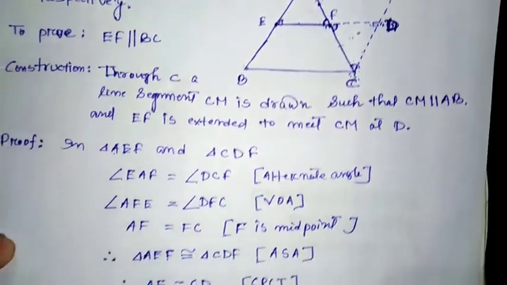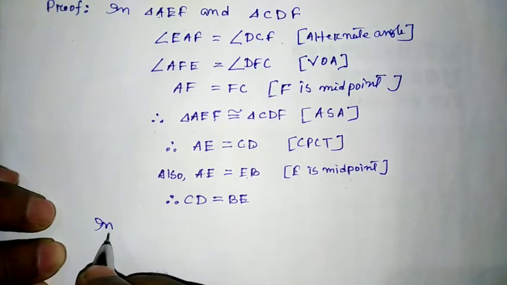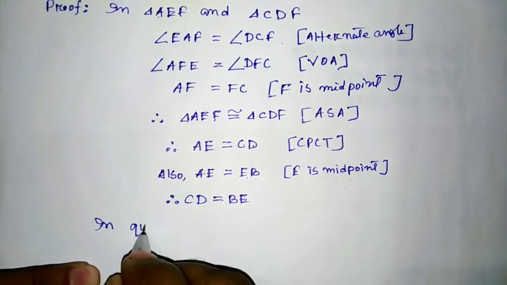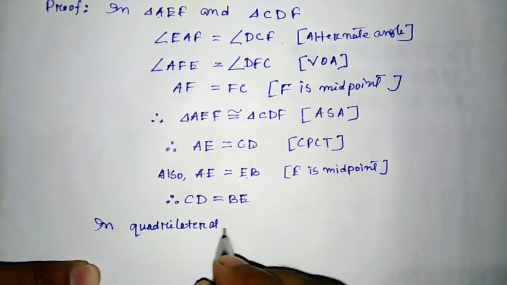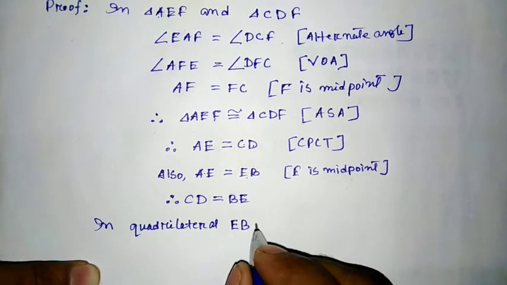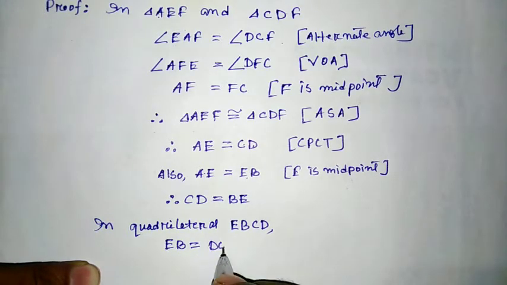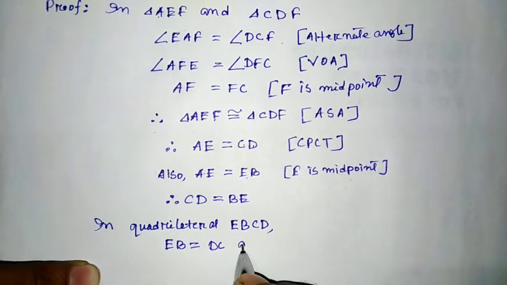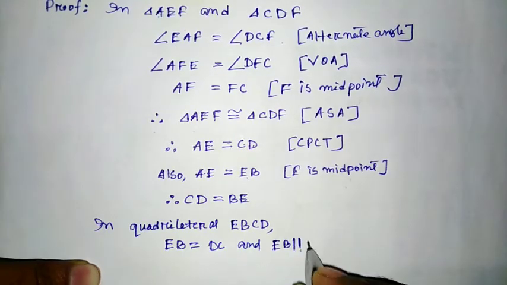So right, how will you write it? Right, in quadrilateral EBCD, EB is equal to DC and EB is parallel to DC.